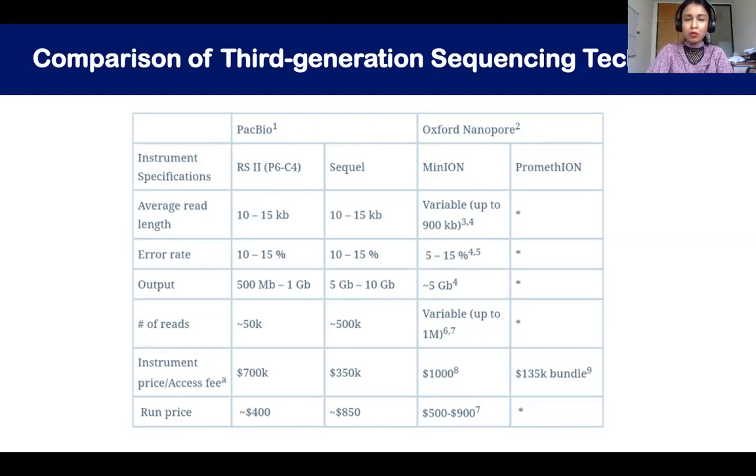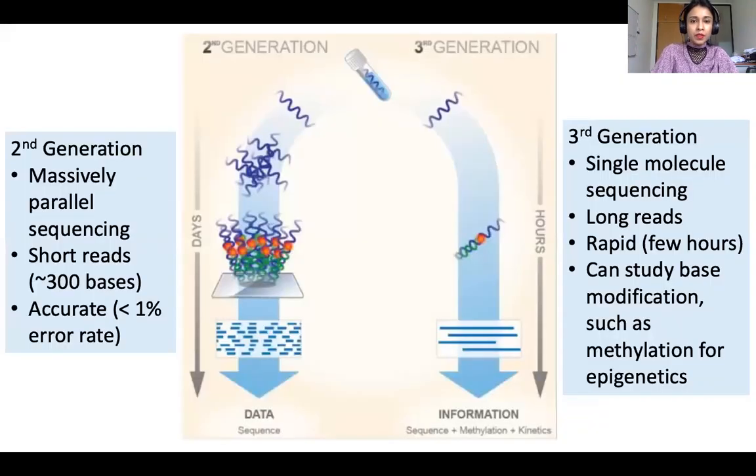So this is how most researchers work when they are trying to assemble or sequence genomes. They basically combine Illumina sequencing and nanopore sequencing output, right?